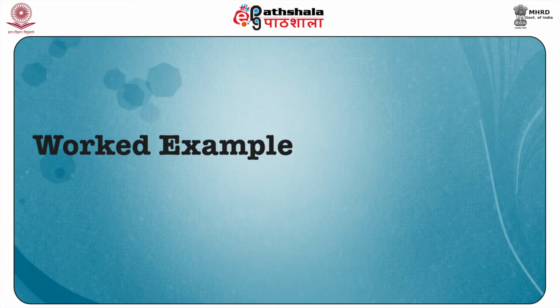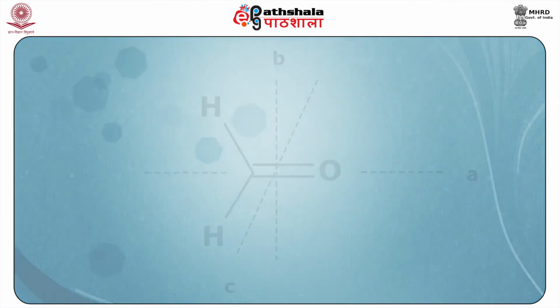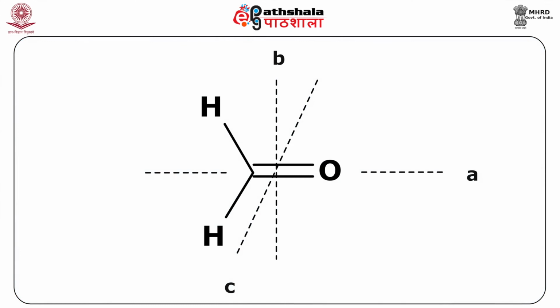So, that is why we are taking the example of formaldehyde, and we will discuss it, because this is a simple molecule, it has C2V symmetry, one moment of inertia will obviously be along the C2 axis, and then there are 2 planes which are passing through the C2 axis.